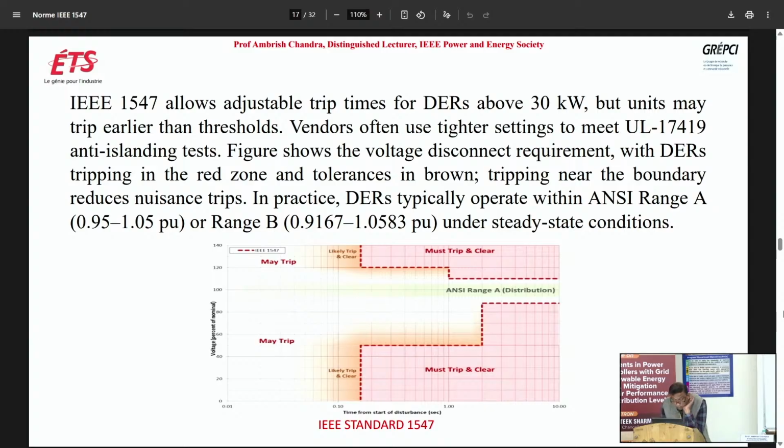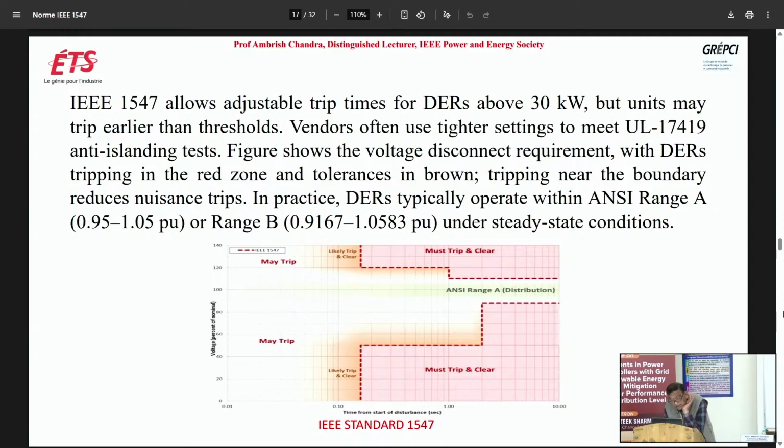What is this? This is the voltage percent of nominal. So you see, this is IEEE 1547. At least in this region, DER should remain connected. In fact, DER typically operate within ANSI range A or range B under steady-state conditions. So all the time they should remain connected.